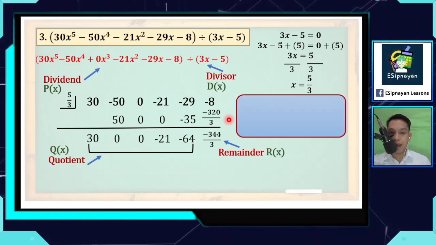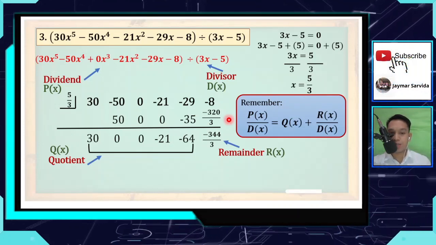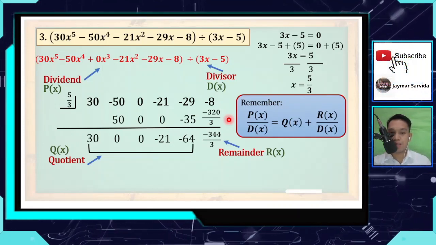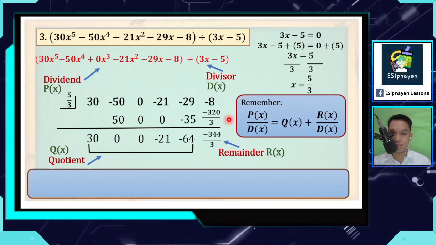So, write our final answer in this form. Remember, this is how we write our final answer: P of x over d of x equals q of x plus r of x over d of x.